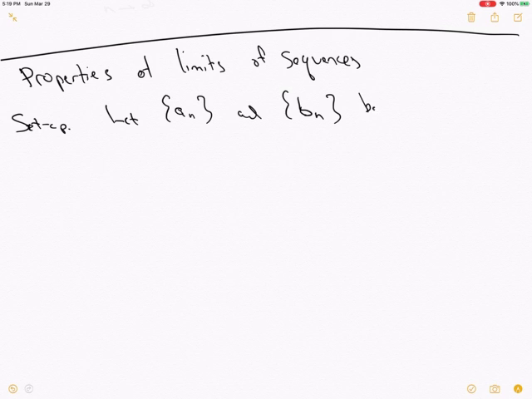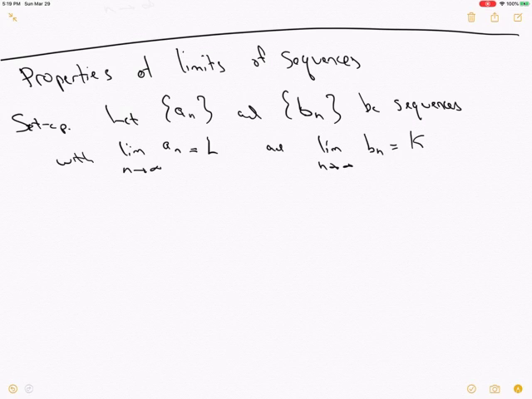Let these both be sequences of numbers. And let's assume that they both have limits. Let's say that the limit over the A sequence is capital L, and the limit over the B sequence is some number capital K.